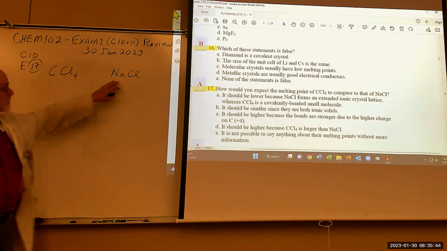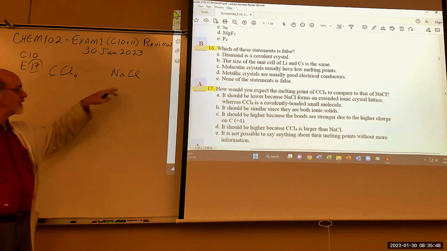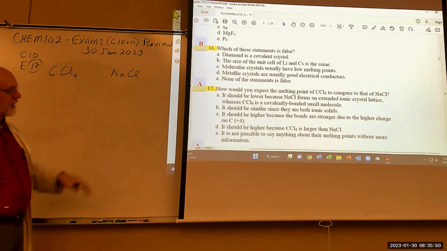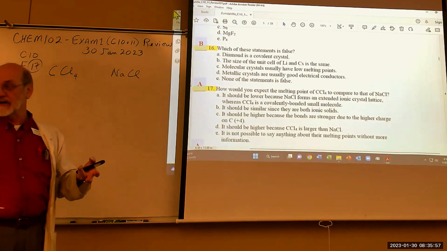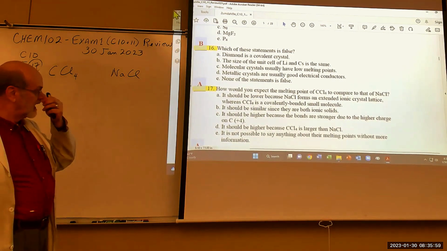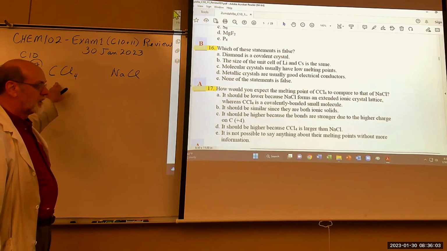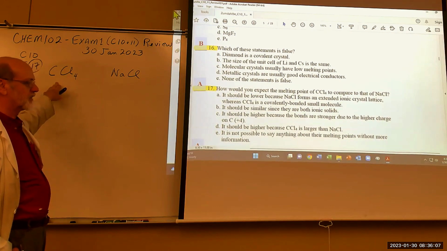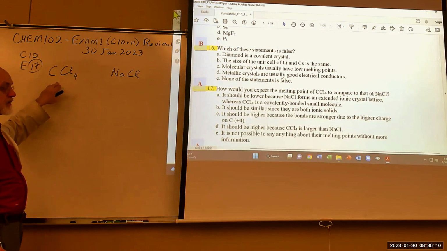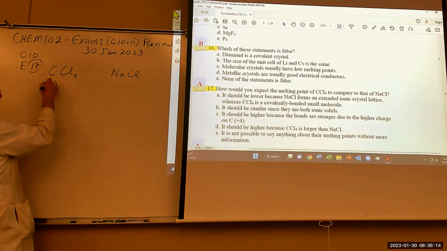Well, the melting point of this one ought to be much, much higher because that's a nonpolar compound and this is the ionic. But we need to read the statements to see because there may be a qualifying reason in there that could be false. So it should be lower. Yeah, that's lower. Because sodium chloride forms an extended ionic crystal lattice, whereas carbon tetrachloride is covalently bonded to small molecule. That's a good answer. Yeah. A is true.